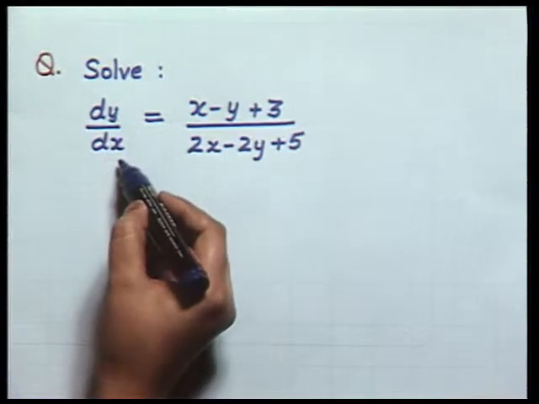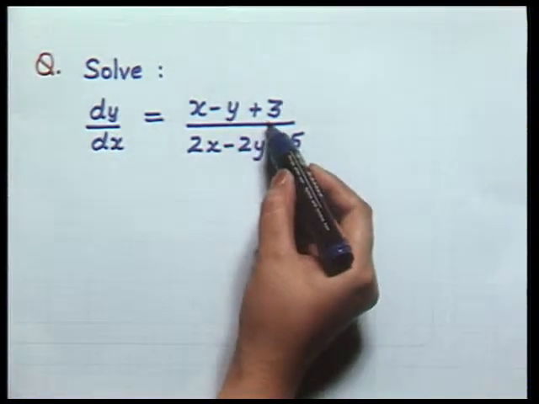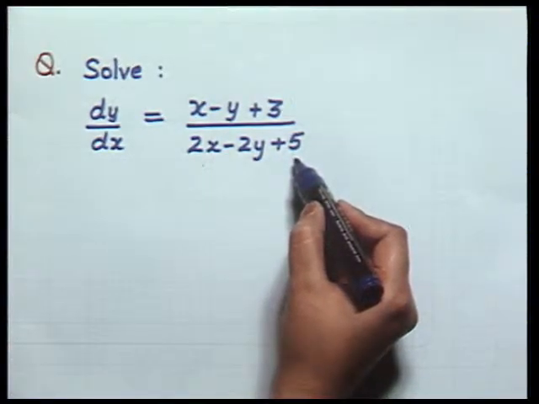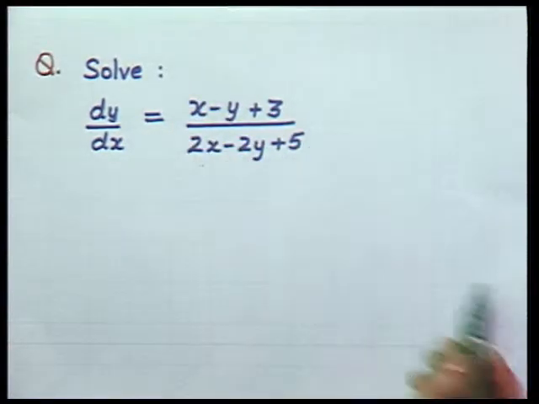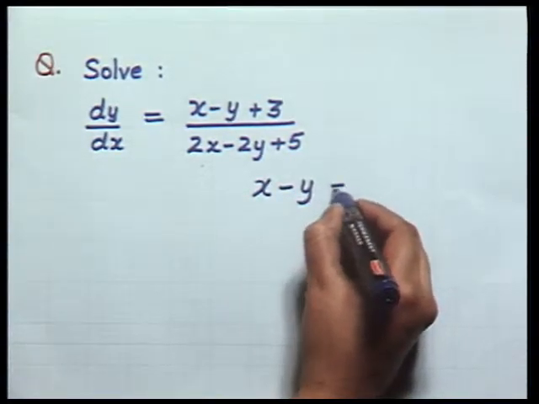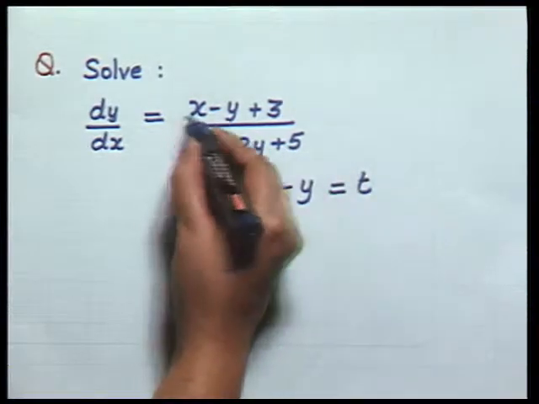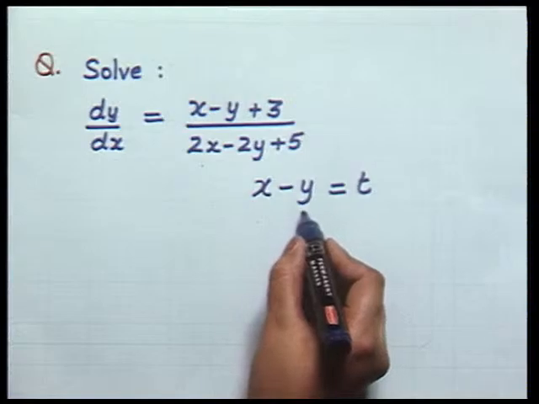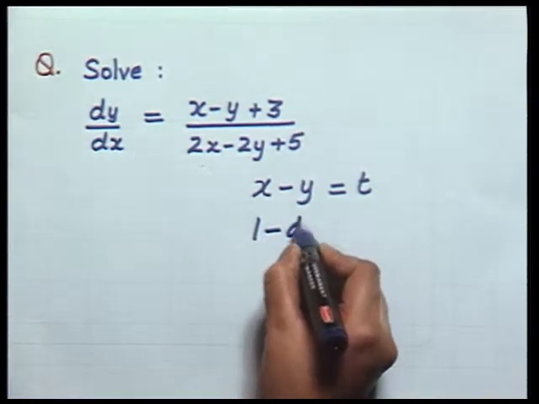Consider dy by dx equal to x minus y plus 3 by 2x minus 2y plus 5. Very much a form as we discussed right now, and so here you can put x minus y as t or even x minus y plus 3 as t, and therefore before going further, remove your dy by dx.